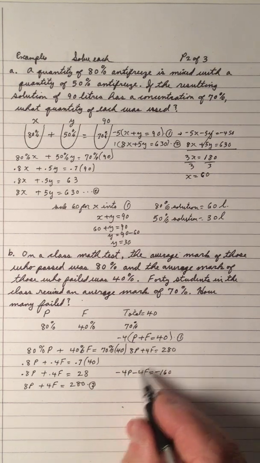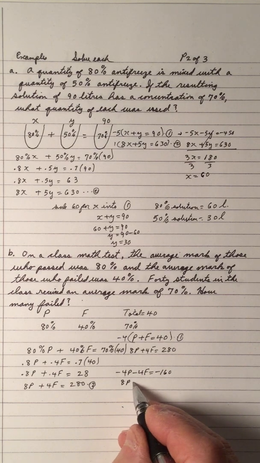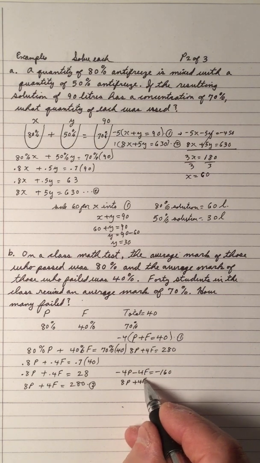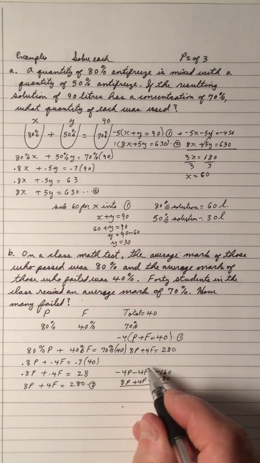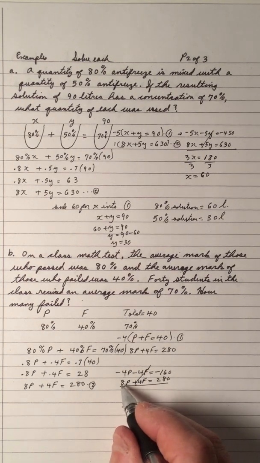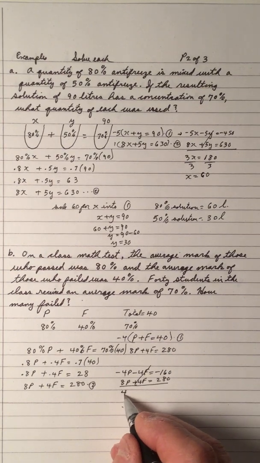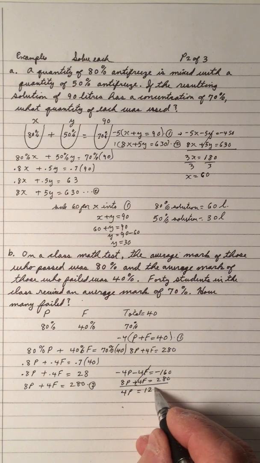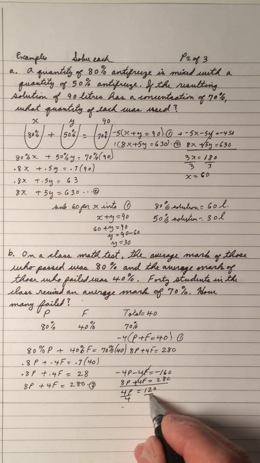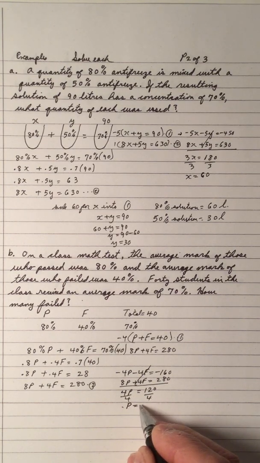We do not have to multiply this one at all because we're multiplying by 1, but that doesn't affect the equation. So what happens? The F's cancel out. The students who passed, 4P, P for pass, is 120.